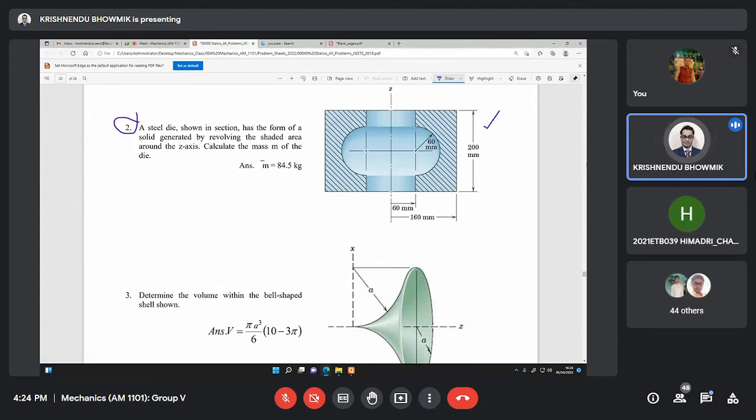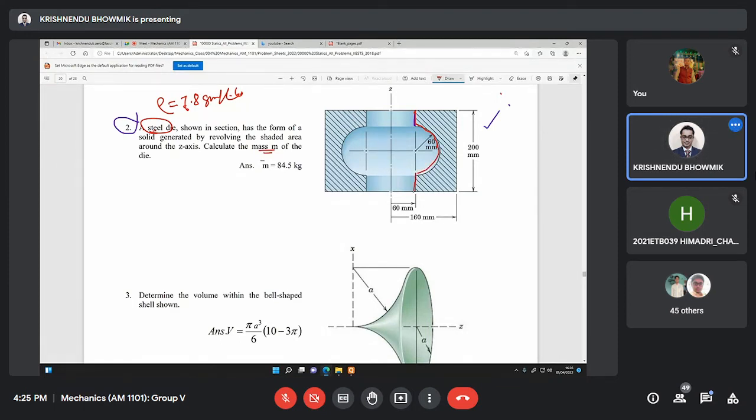There is a steel die shown in the section that has the form of a solid generated by revolving the shaded area. Actually, if you take only these portions, and here it is steel, density rho is missing, 7.8 gram per cc you can consider, that is missing basically to calculate mass.